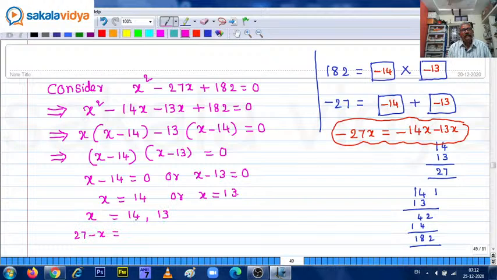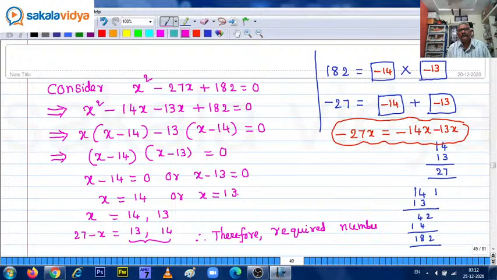That means 27 minus 14 is 13, 27 minus 13 is 14. Obviously 13 and 14 are the numbers. Therefore, the required numbers are 13 and 14, whose sum is 27 and whose product is 182.